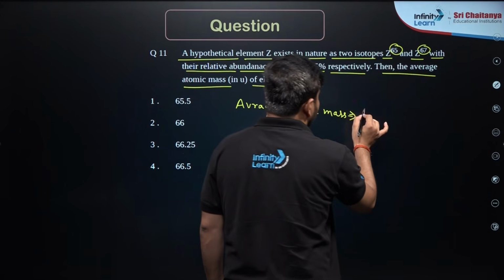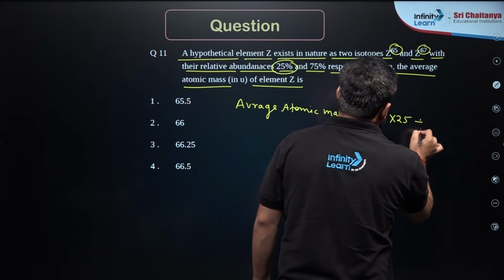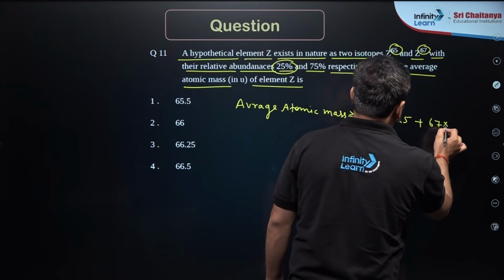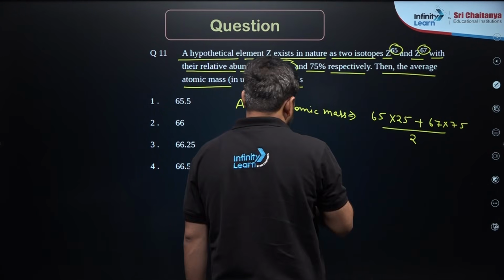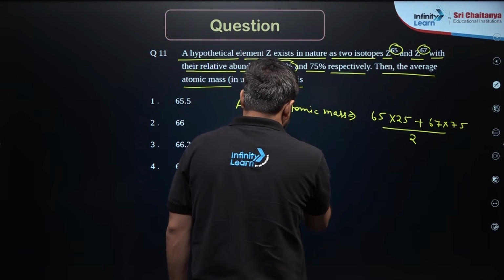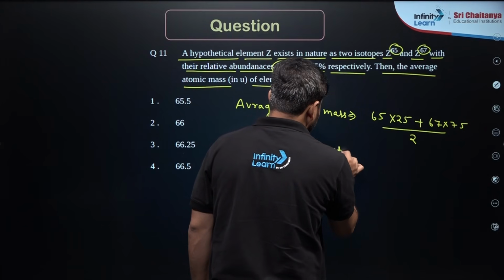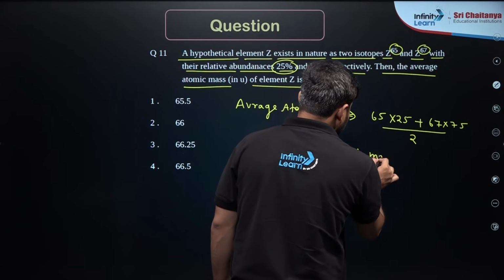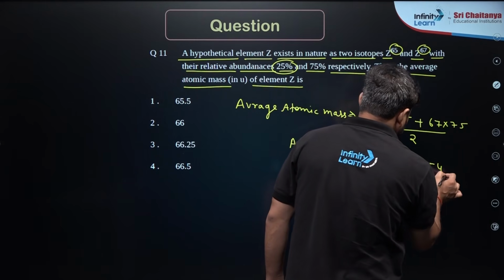So here, 65 is multiplied by 25, plus 67 multiplied by 75, and divided by 100. If we solve this, the average atomic mass will come nearly 66.5.